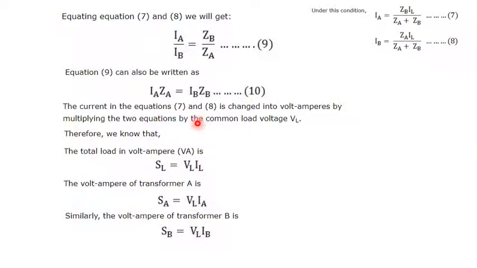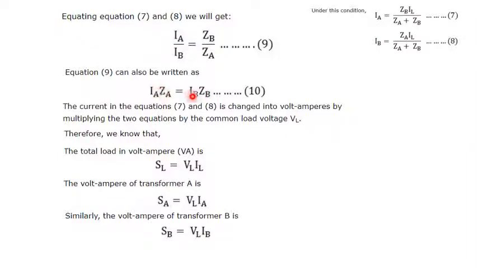Now the current in equations 7 and 8 is changed into volt ampere by multiplying the two equations by the common voltage, that is VL. This is the common load voltage.